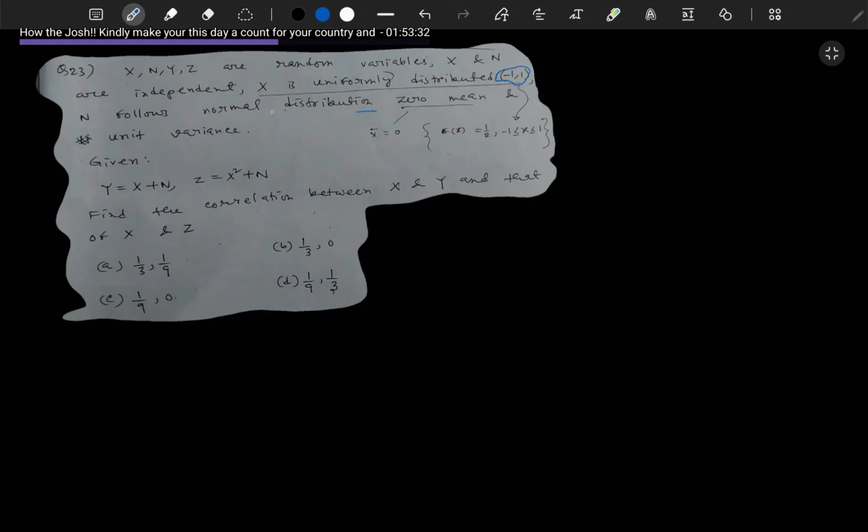N follows normal distribution, zero mean and unit variance. Now find the correlations between X and Y and that of X and Z. So we need to find out the correlation between X and Y and that of X and Z also.